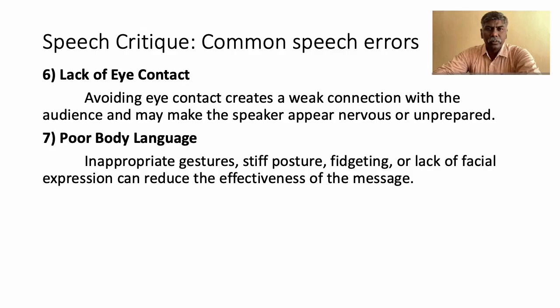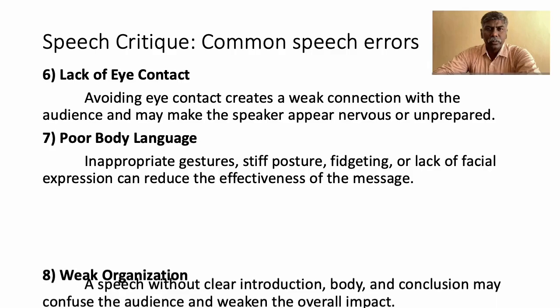Already we discussed these points earlier. Stiff posture, fidgeting, lack of facial expression can reduce the effectiveness of the message. Now I'm giving an audio presentation. I could not come on video, so the body language could not be identified in this class.